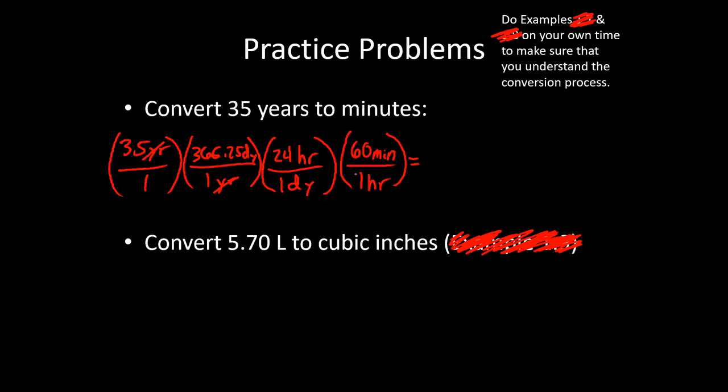So 1 hour is equal to 60 minutes. And so again, our days here have canceled, and our hours have canceled. So, if you are exactly 35 years old, then you have lived. If we do all that math there, so just multiplying all those numerators together, the only thing in the denominator is 1, so we don't really have to do anything there.